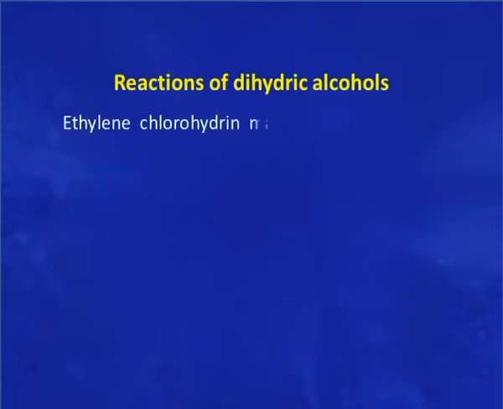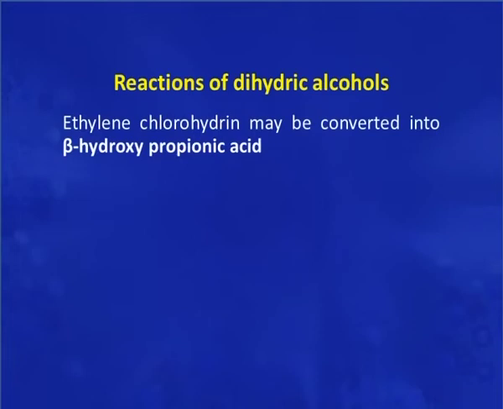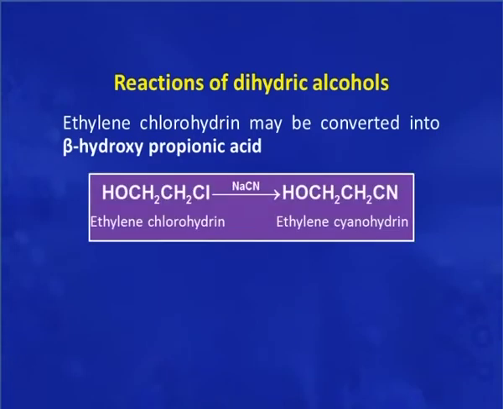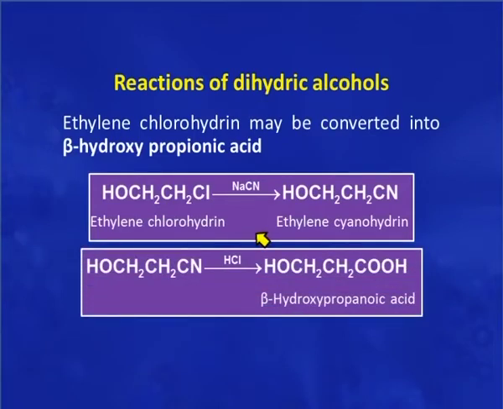Ethylene chlorohydrin, which we prepared by the simple reaction of ethylene glycol with hydrochloric acid, can also be converted into beta hydroxy propanoic acid. What we do is treat ethylene chlorohydrin with sodium cyanide, chloride is replaced by cyanide, and then this molecule upon hydrolysis forms beta hydroxy propanoic acid.